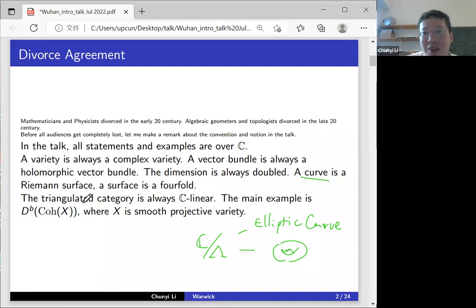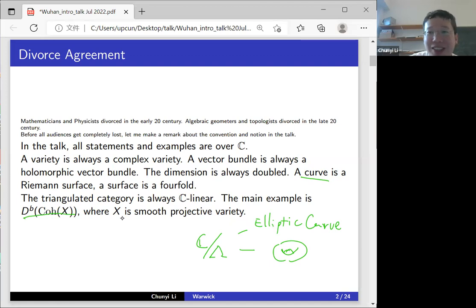But in my case, all of my triangulated categories are D^b(Coh X), the bounded derived category of coherent sheaves on the variety X, where X is a manifold. If you have no feeling for what it is, just think of it this way: it's a triangulated category, the objects in it are just complexes of vector bundles modulo some homotopy equivalence, and the homs are just the homs between complexes, modulo homotopy equivalence. But anyway, that's a rough picture.